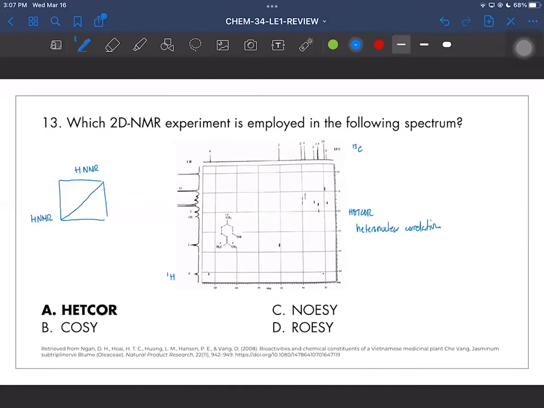So it looks at which hydrogens interact with which other hydrogens in the compound. We get that information with COSY. But going back to the problem, since it has a carbon NMR on one axis and a proton NMR on the other axis, we have HETCOR. NOESY and ROESY are just advanced forms of 2D COSY. So that's for number 13.